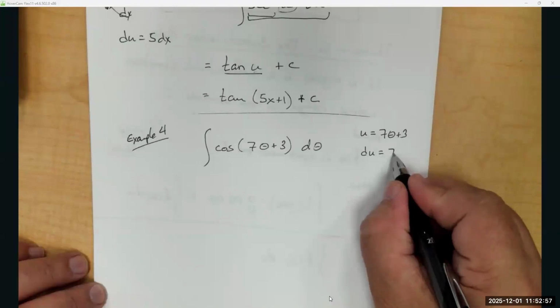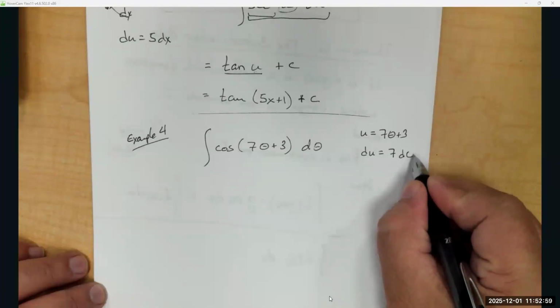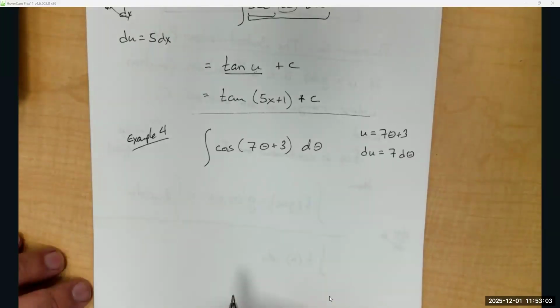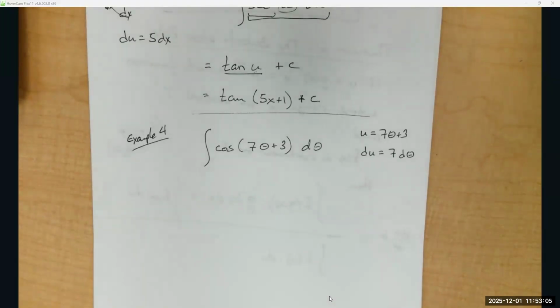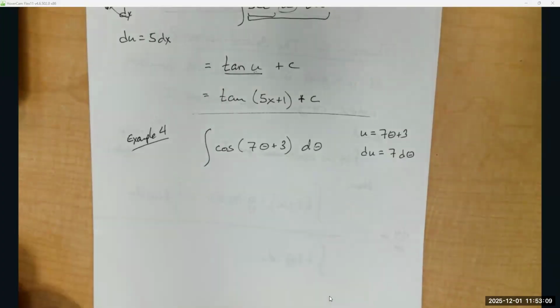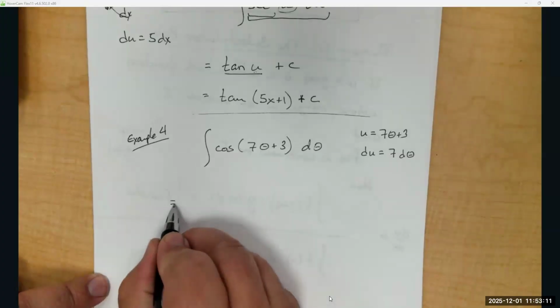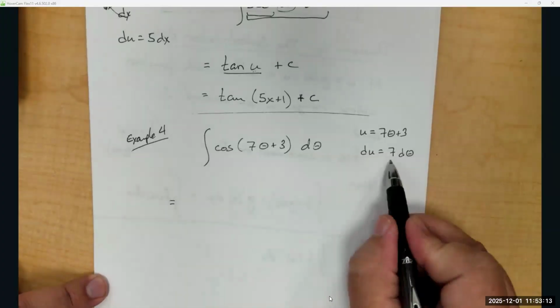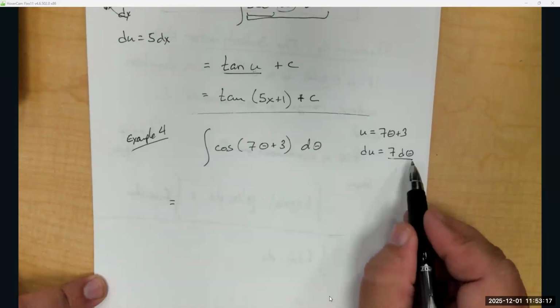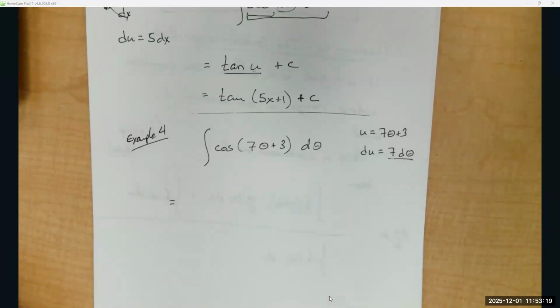Seven what? d theta. We're working with theta. That's another thing: you have to make sure you use the same symbols they use. So with this, for our du, do we have 7 d theta? What's missing?